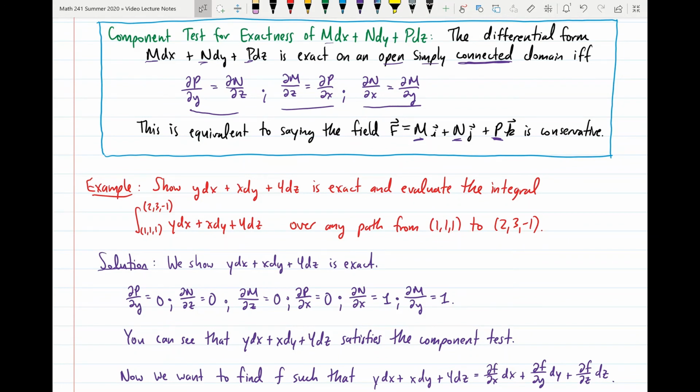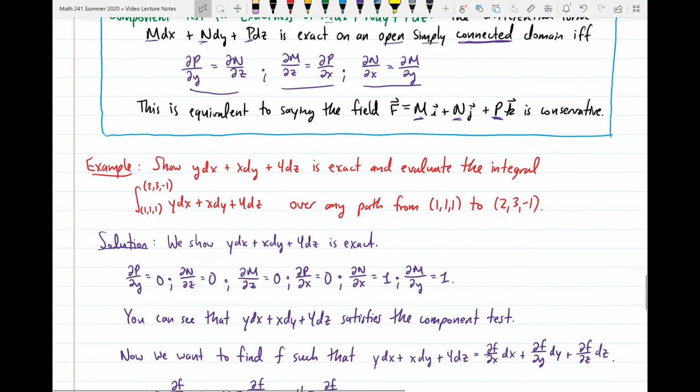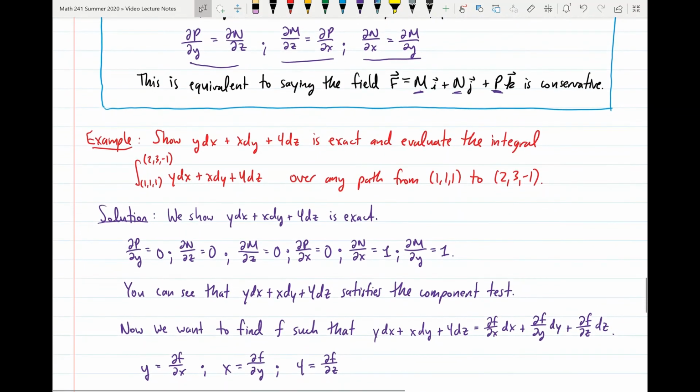And now finally we can move on to the last example for this video, as well as the last example for all of section 16.3. So we want to show that the differential form y dx plus x dy plus 4 dz is exact, and then evaluate the integral of y dx plus x dy plus 4 dz from the point (1, 1, 1) to the point (2, 3, -1) over any path from (1, 1, 1) to (2, 3, -1).